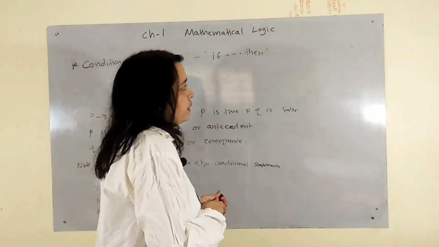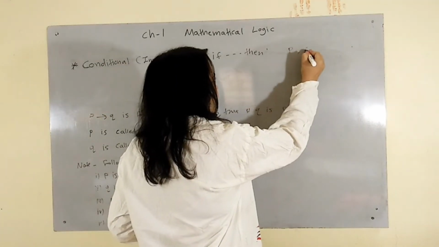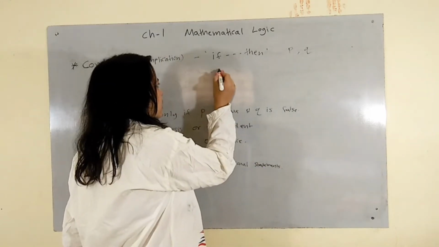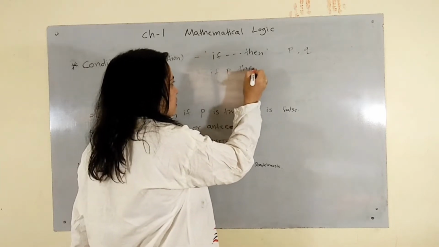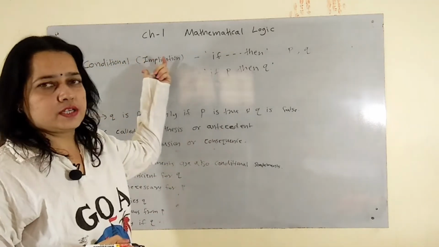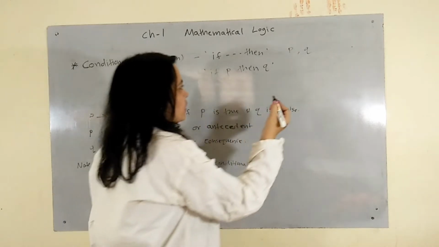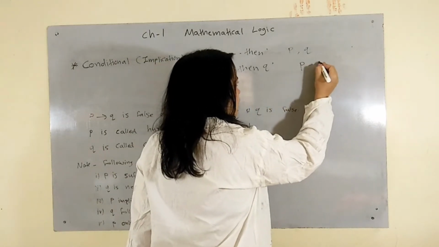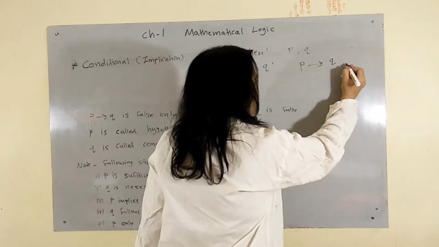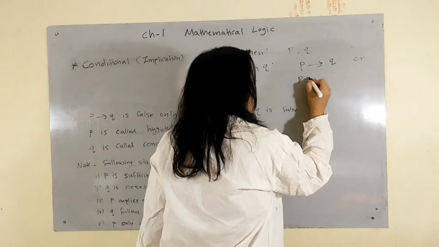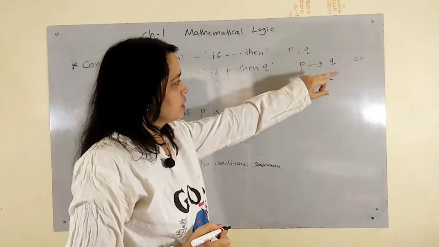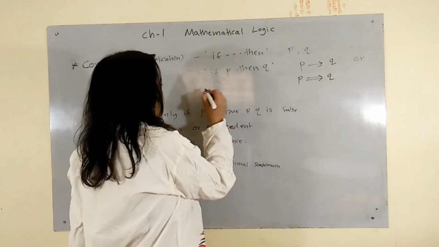For example, if P and Q are two statements connected by if and then, if P then Q, then it is known as a conditional statement or implication, and it is denoted by P arrow Q, or P implication Q, and it is read as P conditional Q or P implication Q.